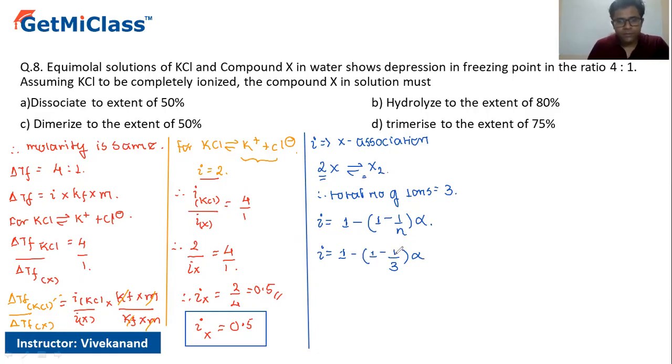So let's have i is equal to 1 minus (1 minus alpha/3)... let's take the alpha factor inside. So it becomes alpha minus alpha by 3. The i value is 0.5.